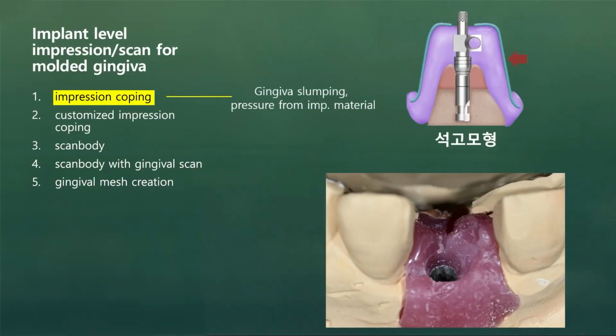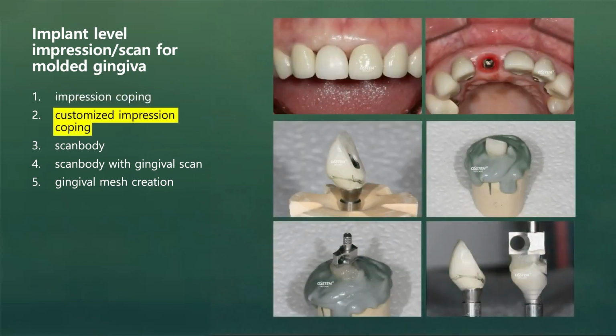But temporary collapse or slumping is a possibility if you are taking the temporary in and out, and the gingiva is not supported after the temporary is taken out. So if you use a material with viscosity, there could be some collapse, so you need to take more consideration.